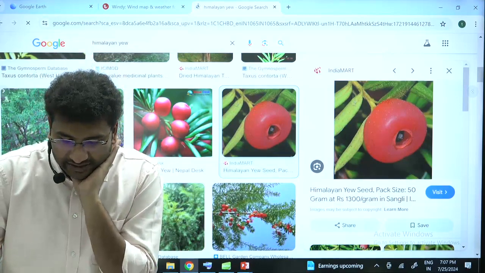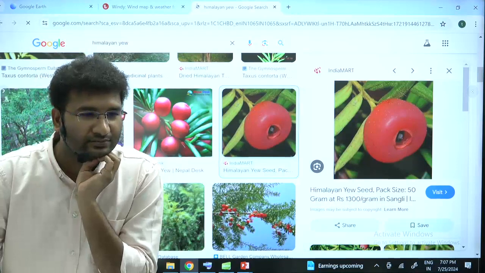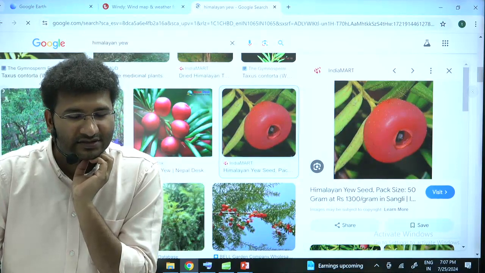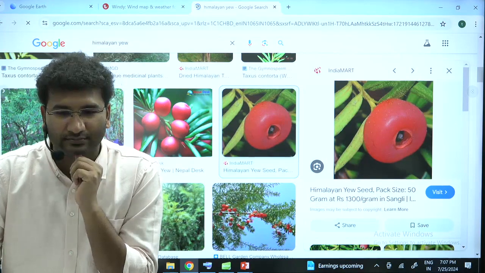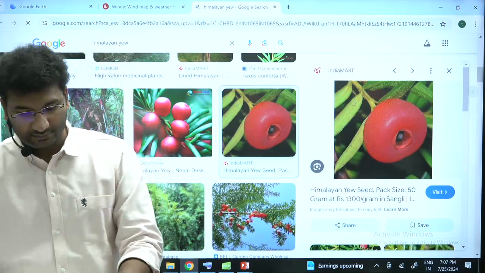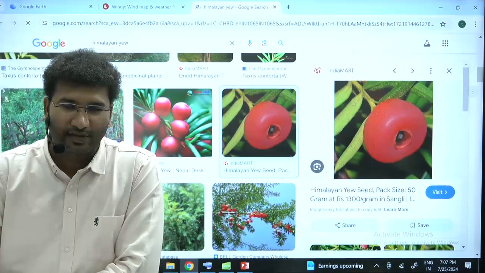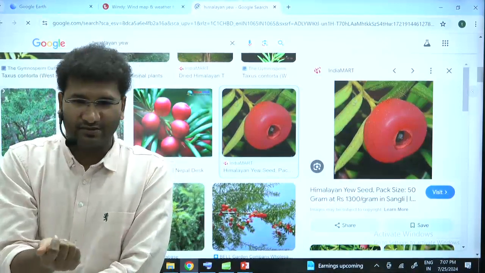Their structure ranges from sandy to loamy. Loamy means loose. ठीक है? Loamy soil. Loose soil.